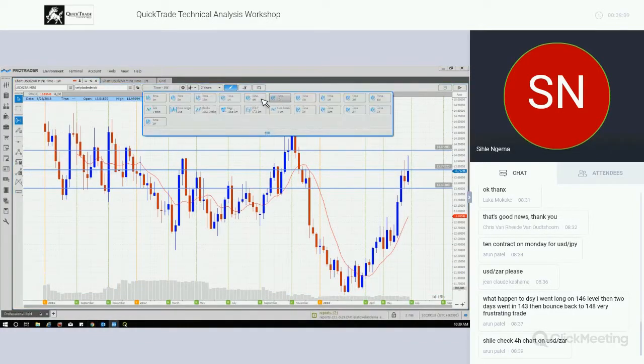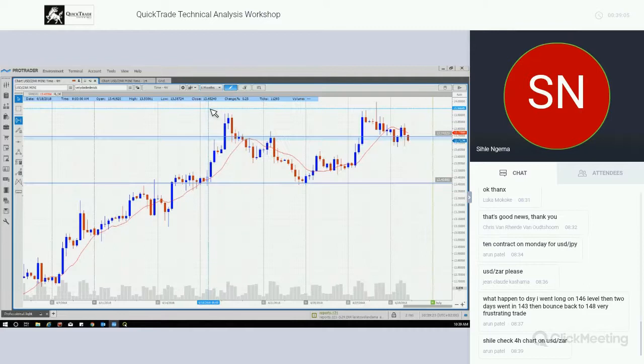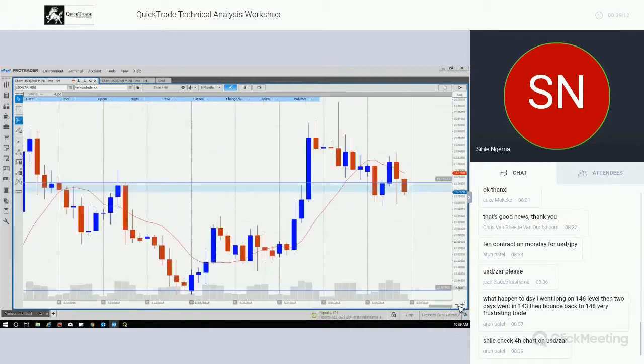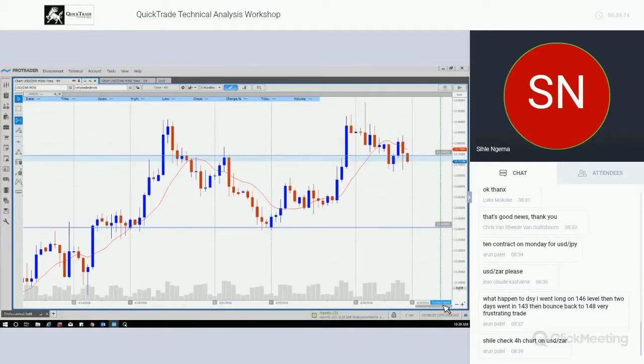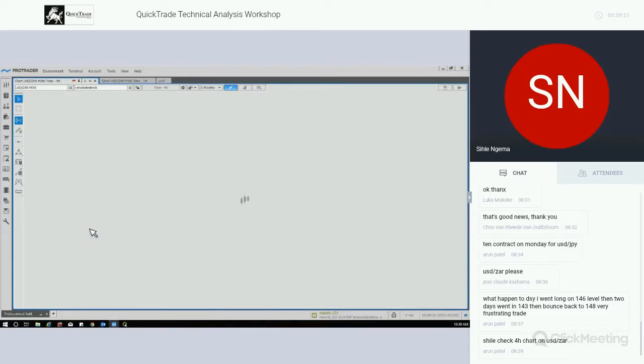Okay, Arun. Let me have a look at the 4 hourly time frame. I do not really like using that time frame, but let's have a look at it. Okay. Well, I don't know exactly what's happening there on that hourly time frame.